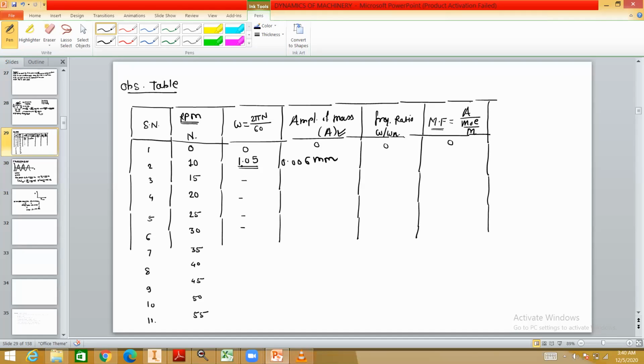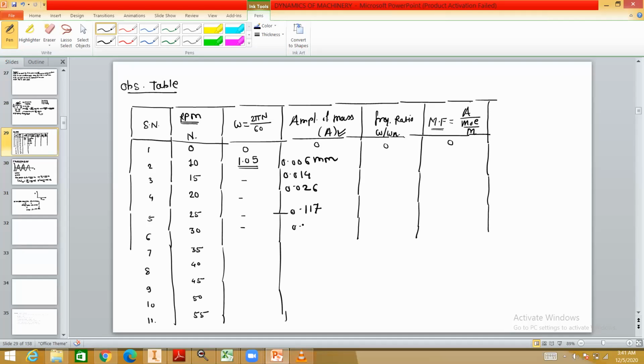You can convert these values; I will skip the table for omega. For 15, the value of A is 0.014. For 20, the value is 0.026. For 25, this is 0.117.